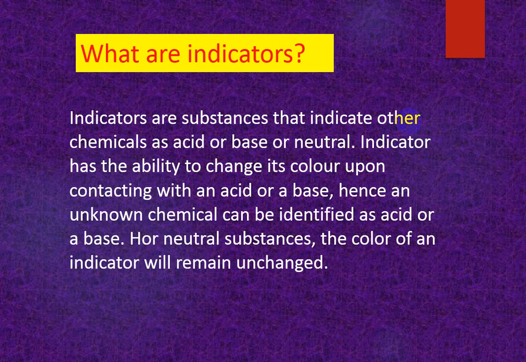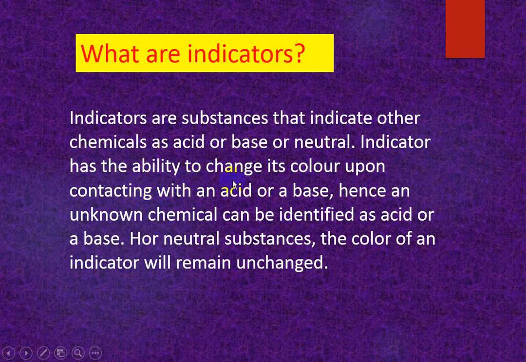It identifies whether something is acid, base or neutral. An indicator tells us by changing its color. So an indicator is a substance that indicates other chemicals as acid, base or neutral.